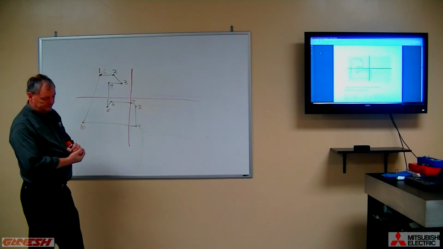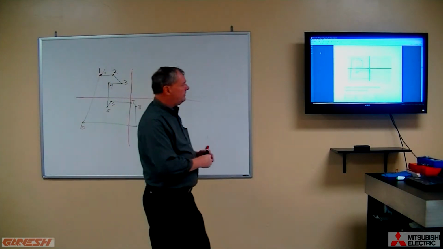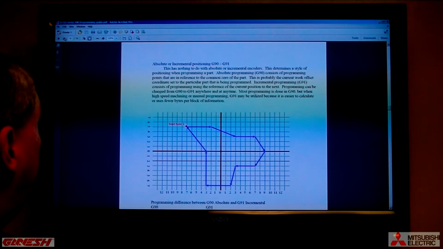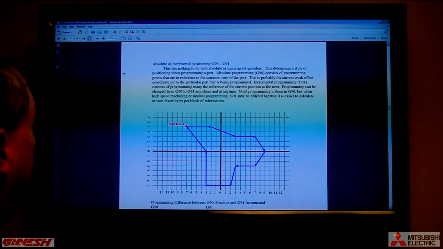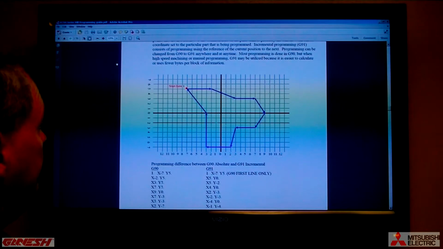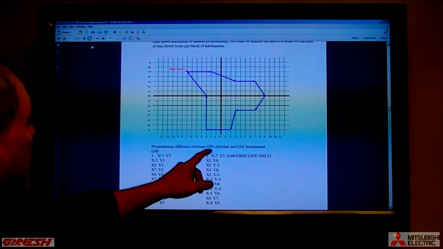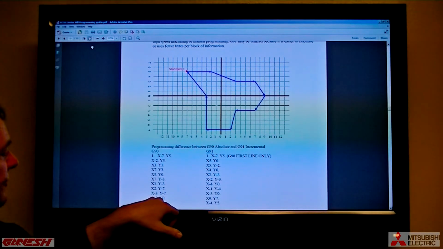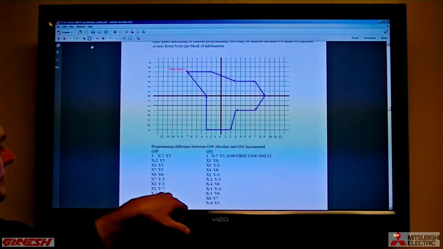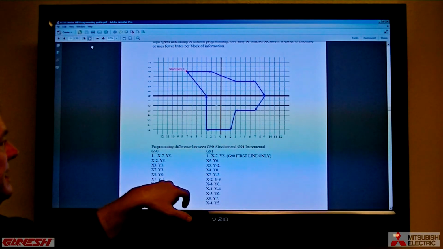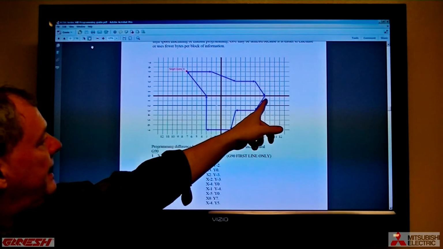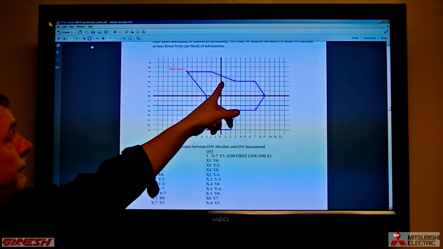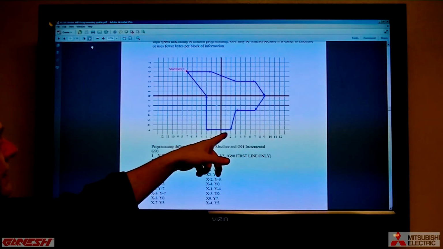So at this point, what I'd like you to do is to look at this part. Again, this is one we looked at before. And stressing the order. And notice the formats, X values, Y values with decimal points. So in this case, our cutter path is going to be following this profile in this direction.